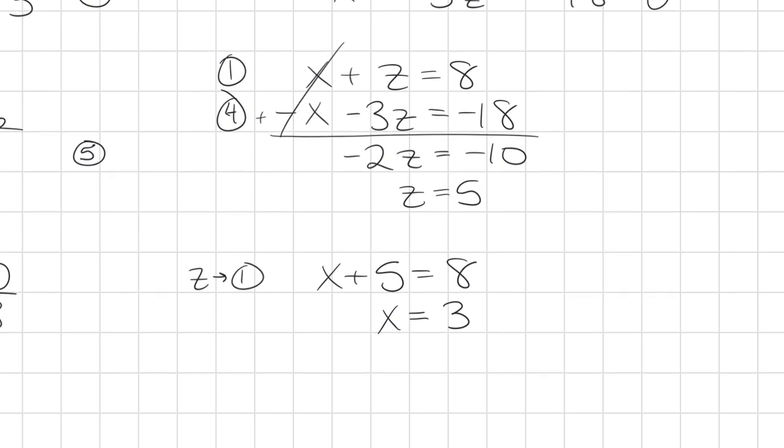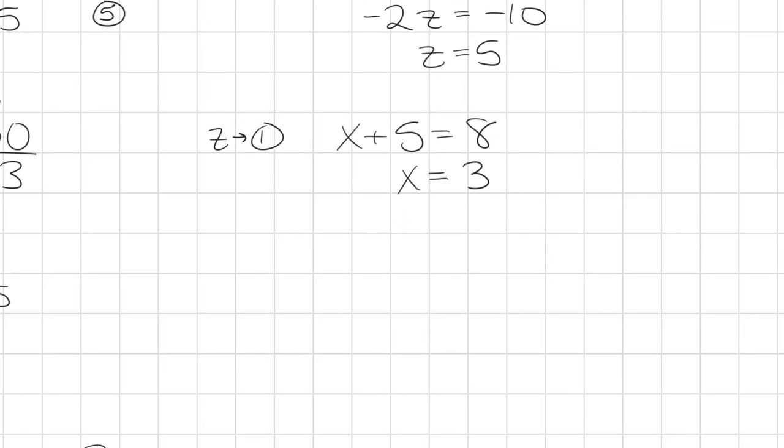Now we're going to take the 2 values we know, which is x and z, and we're going to back substitute them into one of the original equations that has all of the letters. The only 2 in the original equation that have all of the variables are number 2 and number 3. Which one would you like to plug it into? Sure. So we're going to take x and z and plug it into equation 2, which means we're going to do 3 plus y plus 2 times 5 equal to 17.